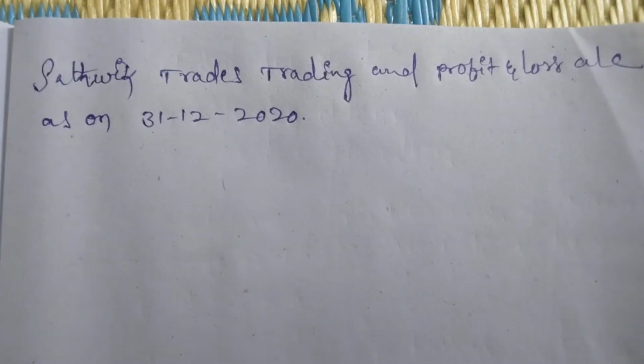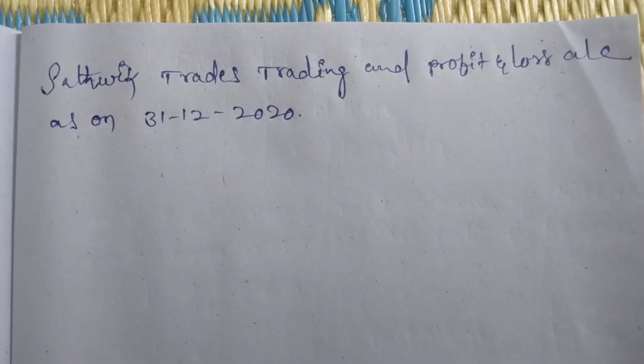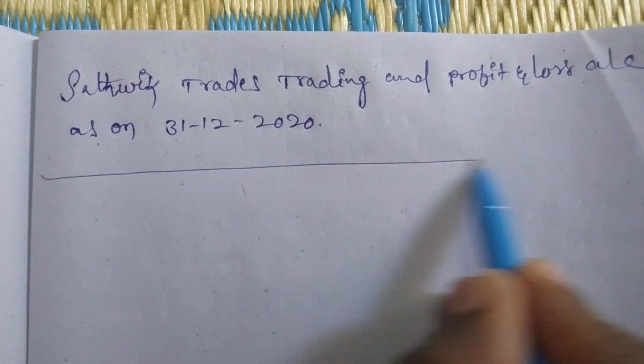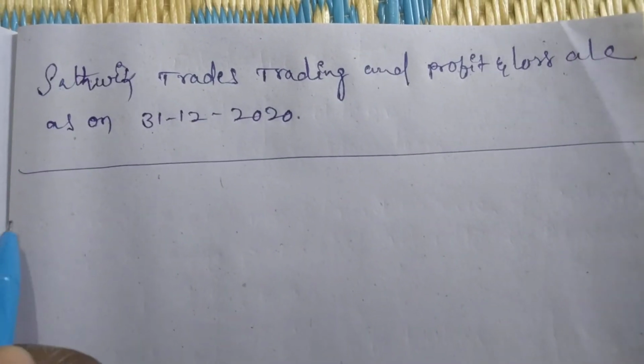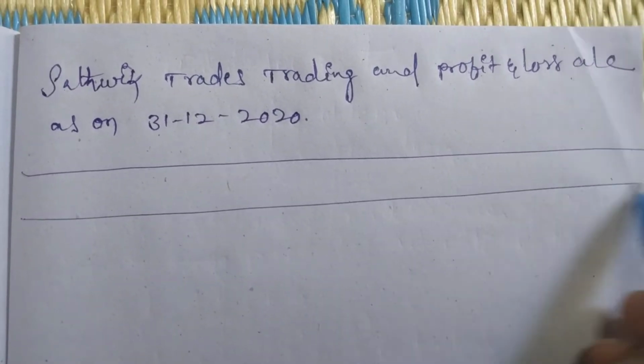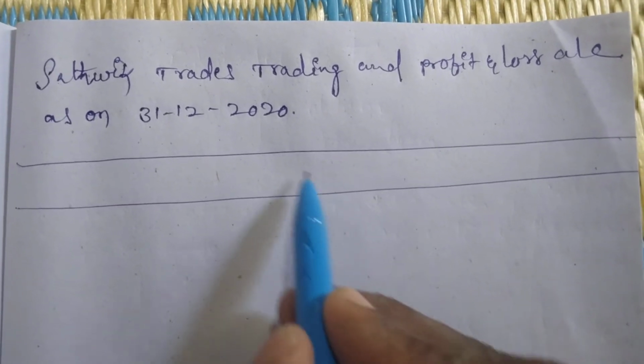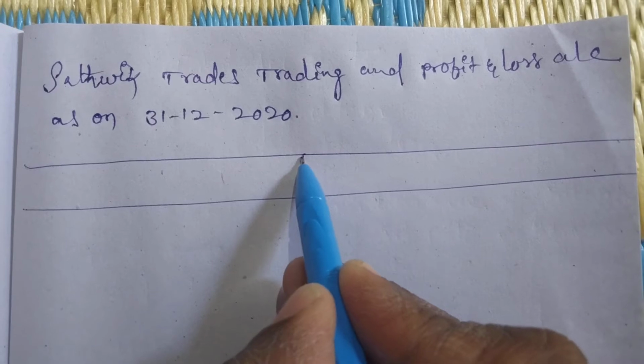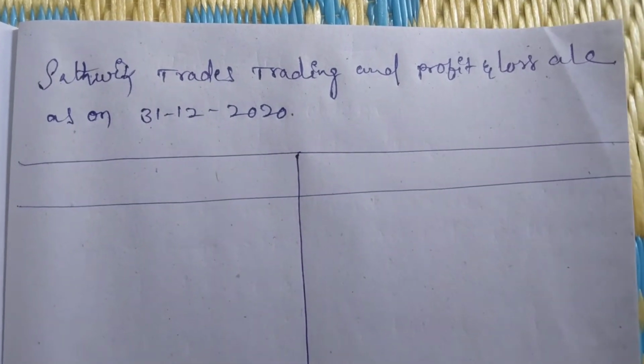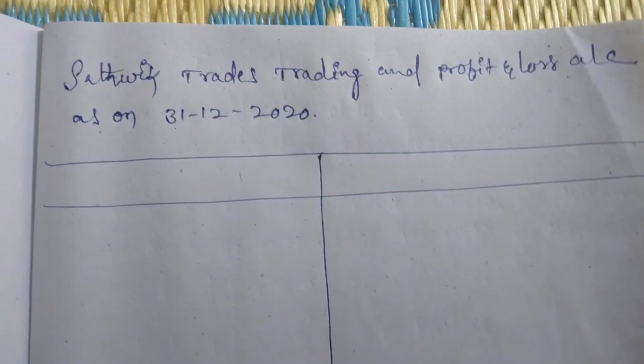We require a T shape for the trading and profit and loss account, for the purpose of debit and credit like a ledger. In the middle of the paper, draw one vertical line, dividing two parts.